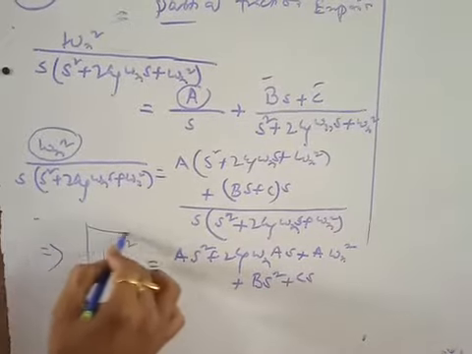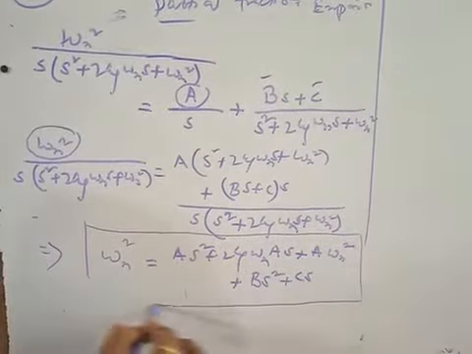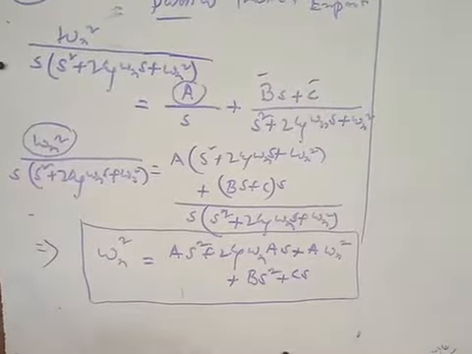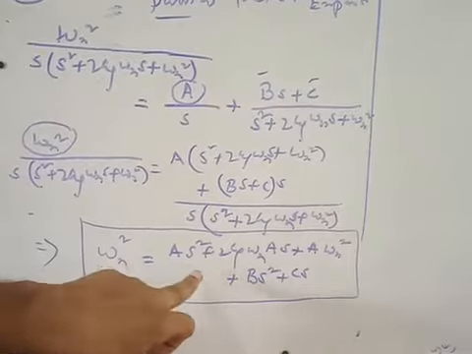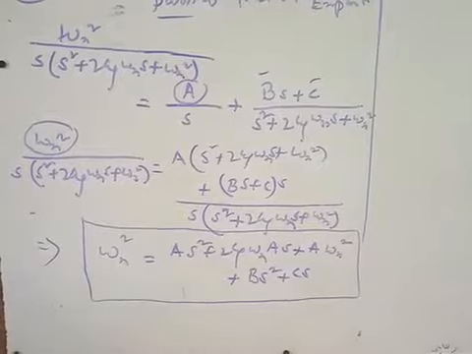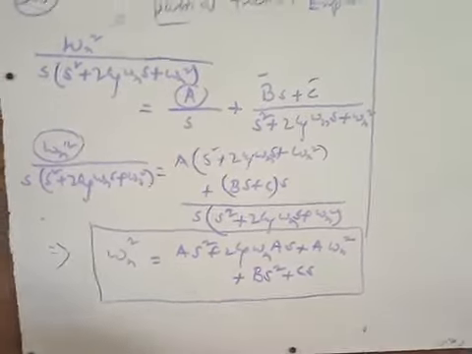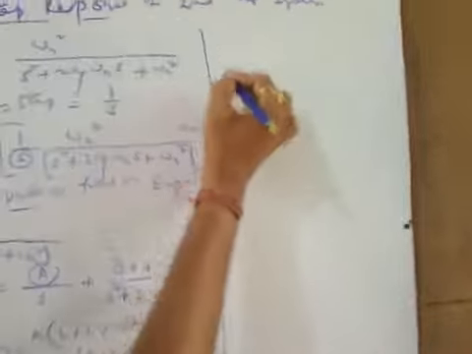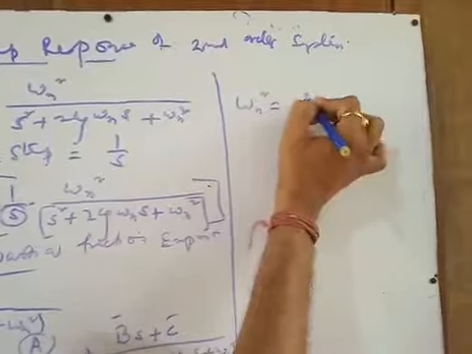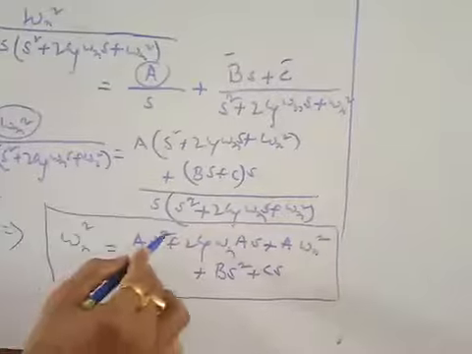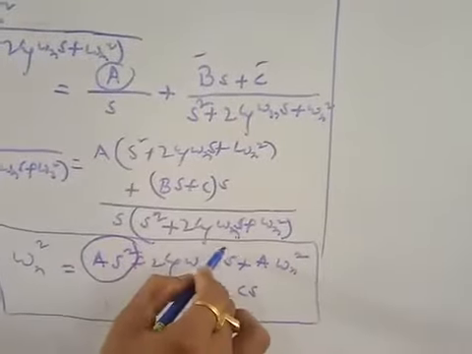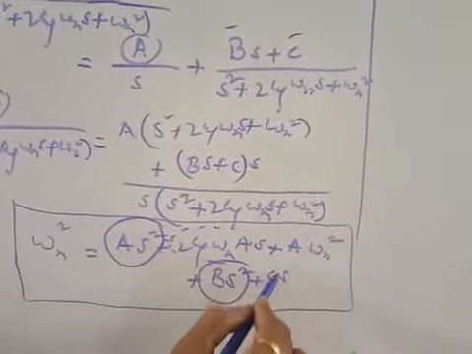Now the equation becomes like this, and here from the right hand side, if you take the coefficient of s square, coefficient of s and coefficient of s to the power 0, you see this is A into s square plus B into s square, and this is the coefficient of s and this is also the coefficient of s.